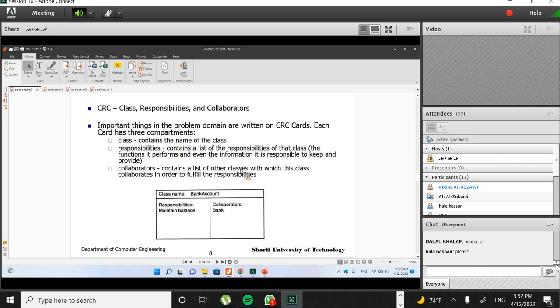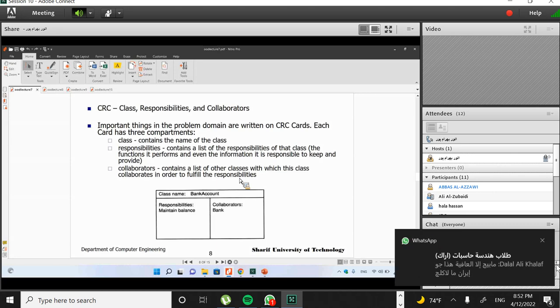And collaborators contains a list of other classes with which this class collaborates in order to fulfill its responsibilities.